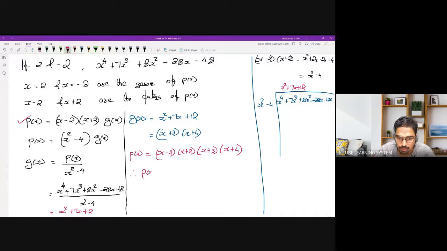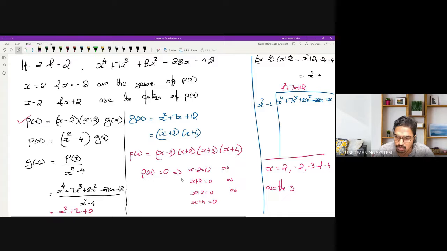Therefore, p of x equal to 0 means each of them will be 0. x minus 2 will be 0, or x plus 2 will be 0, or x plus 3 will be 0, or x plus 4 will be 0. That means x equal to 2, minus 2, minus 3, and minus 4 are the zeros of p of x.